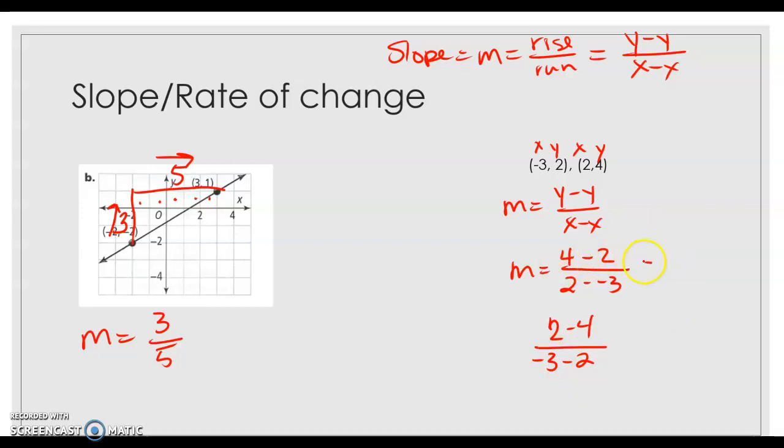I'm going to do 4 minus 2 gets us 2. 2 minus a -3 becomes plus a +3. Keep flip change. And so I end up with 2/5. And I just want to show you, even if I do it down here, at first I get -2 and -5, but a negative divided by a negative gets us back to that +2/5. So either way we match it, as long as my 2, 4 matches vertically here, 2, 4, 2, 4, and my negative 3, 2 matches vertically, negative 3, 2, negative 3, 2.